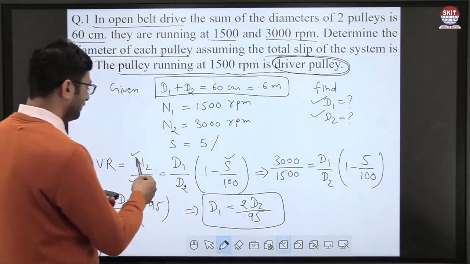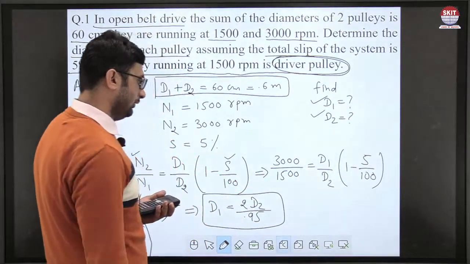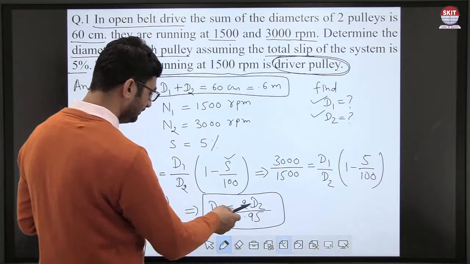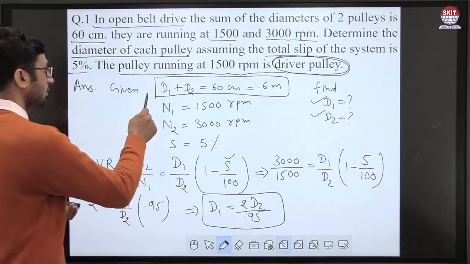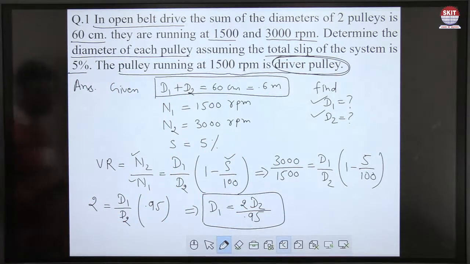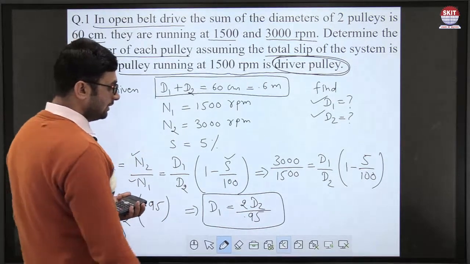The values of n1, n2 and s are given, and we find out one relation between d1 and d2, and another relation between d1 and d2 is given in the question. So these two relations are used to find out the values of d1 and d2.